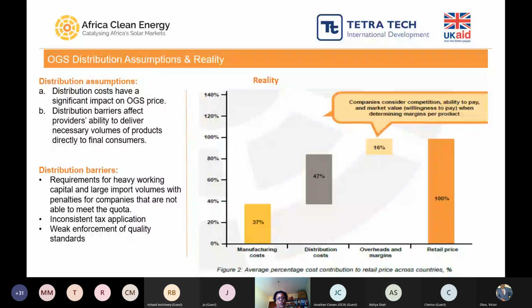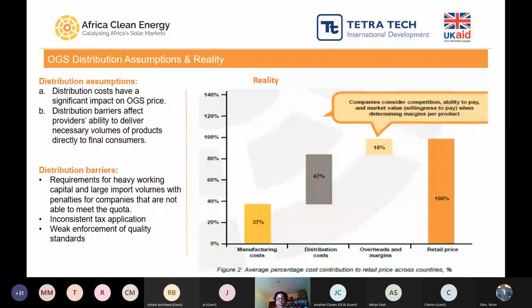So we will not delve a lot into these barriers because they're quite cross-cutting, but we will look at some of the recommendations that can help us to overcome these barriers. As you can see from the graph, and there'll be much more information coming, when you look at the final retail costs, you have 37% manufacturing costs, which could be made better to bring the cost down.